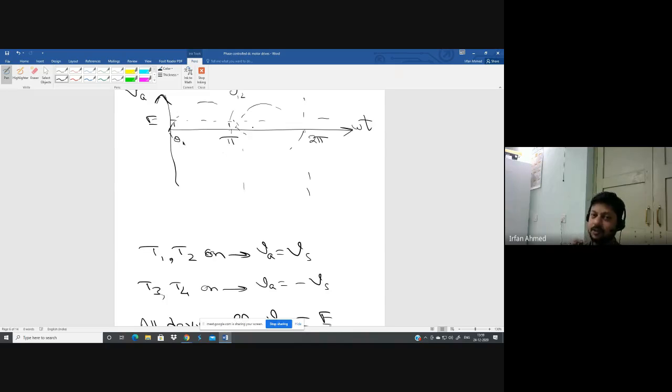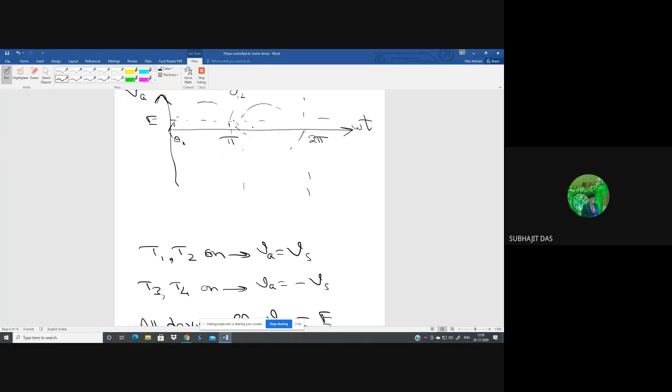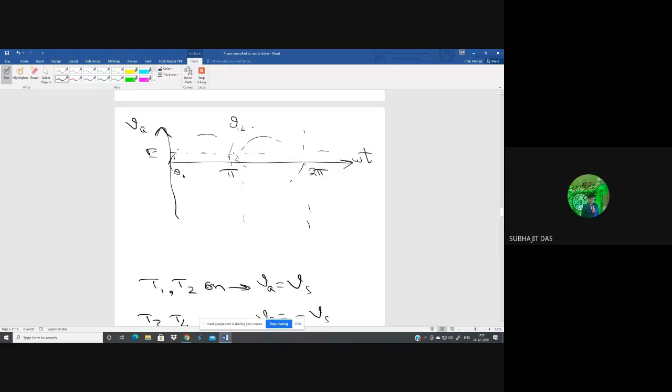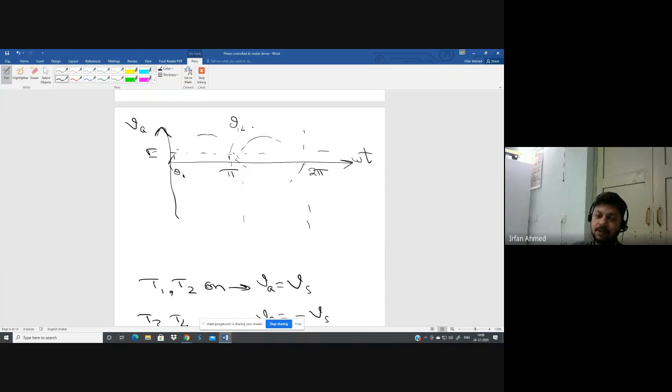Current will start flowing when you trigger the SCR. So alpha can be greater than theta 1 also. And because you have inductance, current will not become zero at theta 2. It will continue to flow even after theta 2, up to the extinction angle beta.